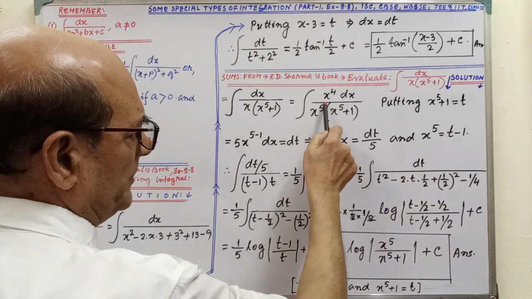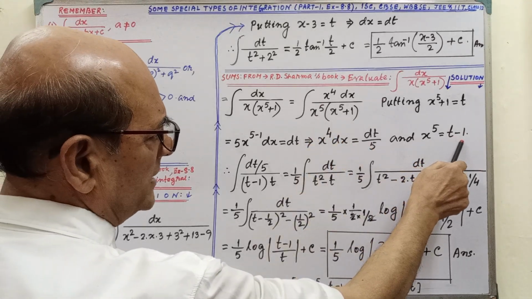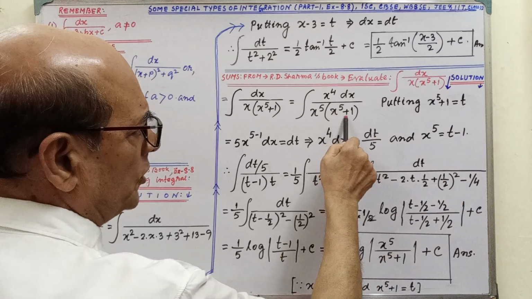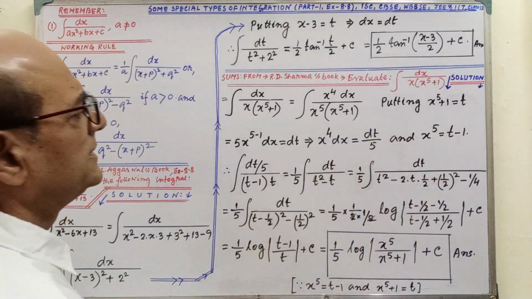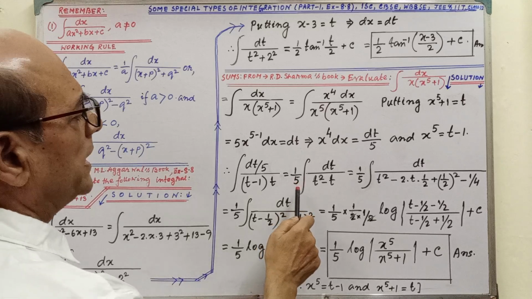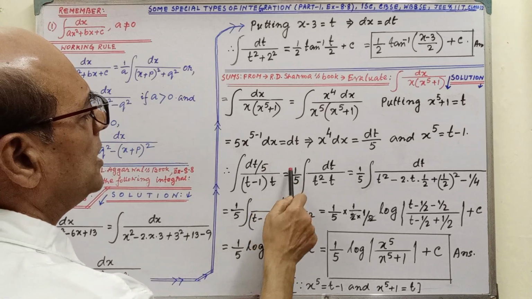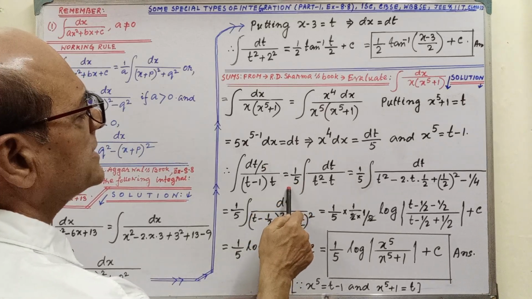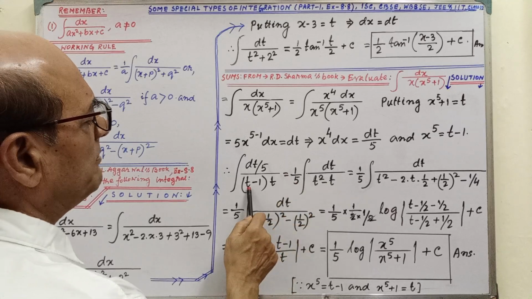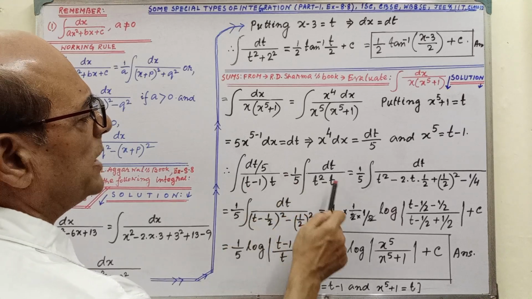So in place of x to the power 5 we are writing t minus 1, and for this we are writing t. Now by multiplying we are getting this 5. This 5 will come outside of the integration, that is the constant term. Then by simplifying we are getting t square minus t.